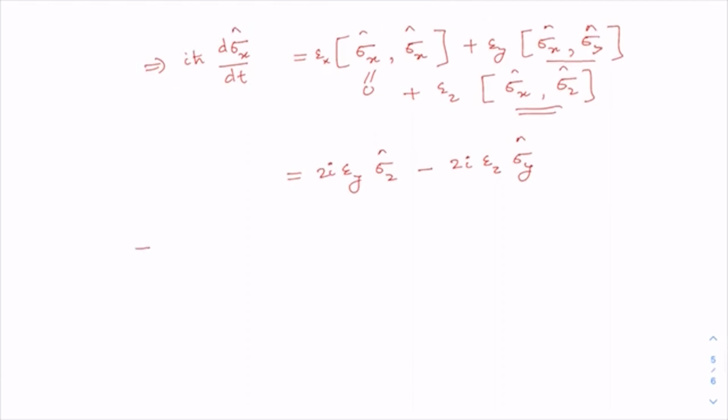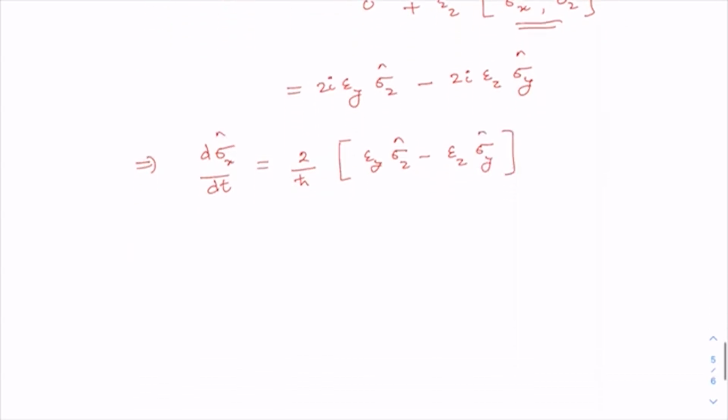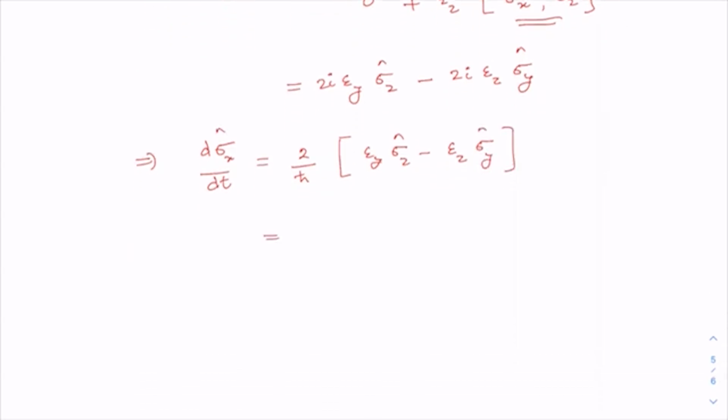Or I can write d sigma x by dt is equal to 2 by h cross, let me write here, epsilon y sigma z minus epsilon z sigma y. This I can write a little bit cleverly as 2 by h cross times the cross product of the vector epsilon and sigma, the x component.